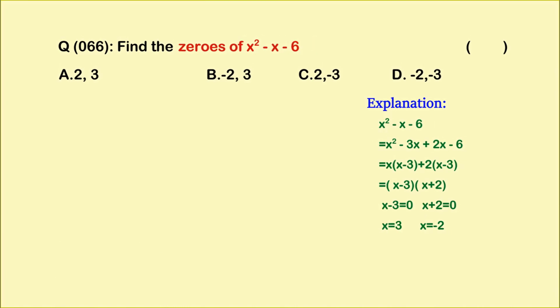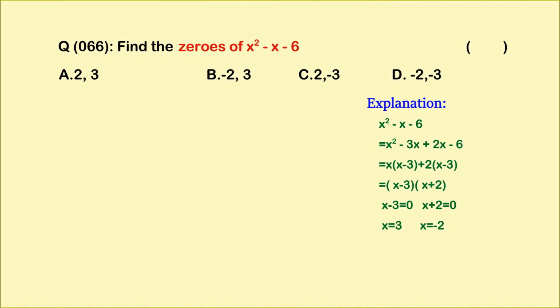Question number 66. Find the zeros of x square minus x minus 6. You can see in the explanation x square minus x minus 6. If you take the factors of 6, we will get 2, 3. So here minus 1x is there. We have to take the bigger one as minus and the smaller one as plus. So here we have taken minus 3x plus 2x, to substitute in place of minus x.